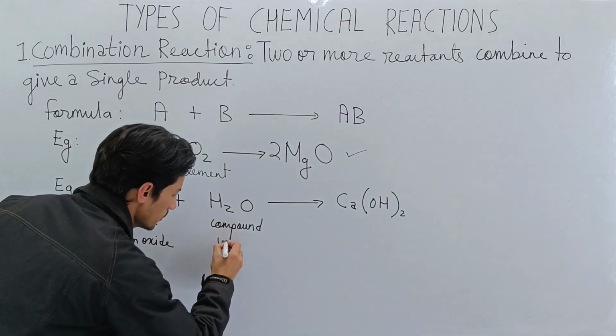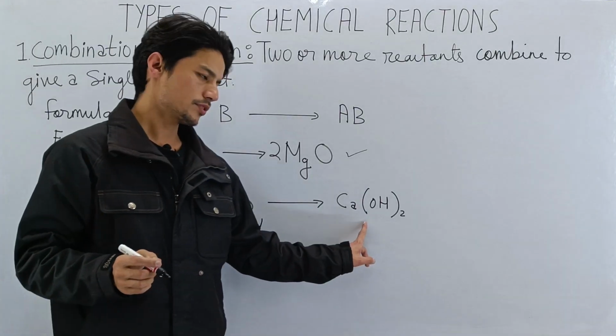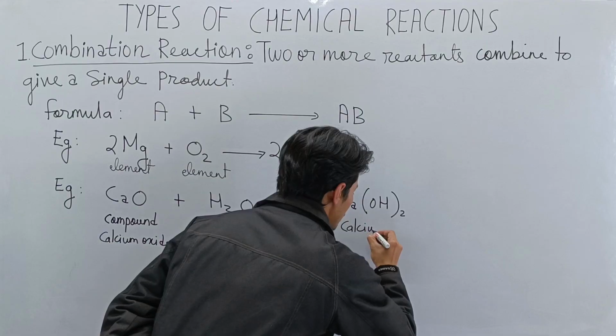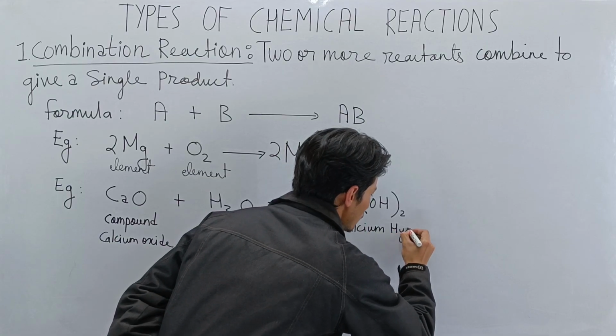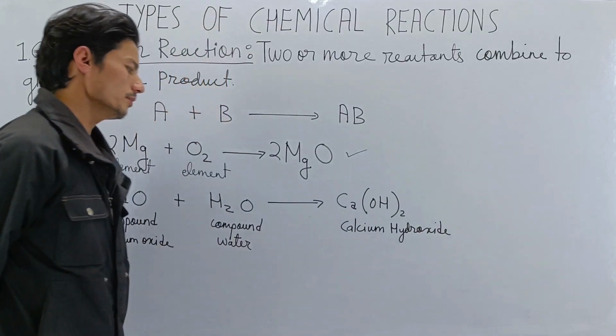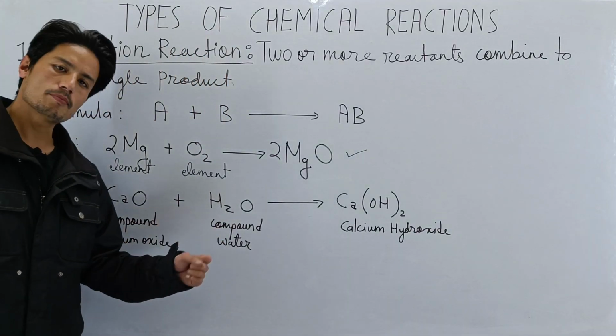This is water. And this is calcium hydroxide, which is a compound. So this example is that of a combination reaction which takes place between a compound and a compound.